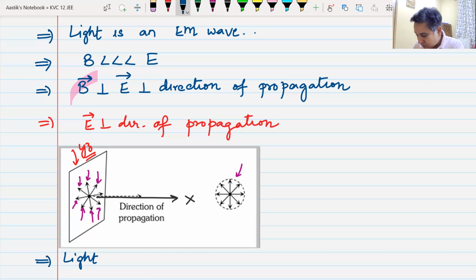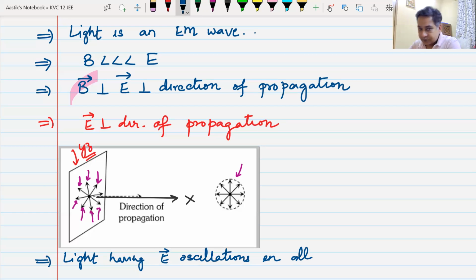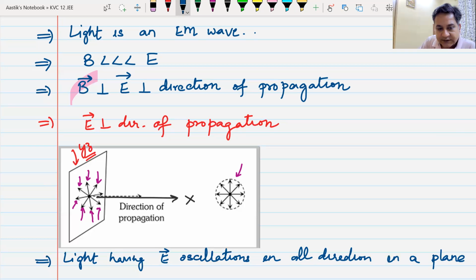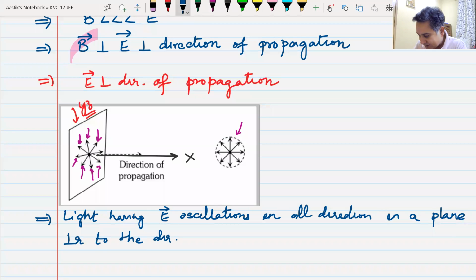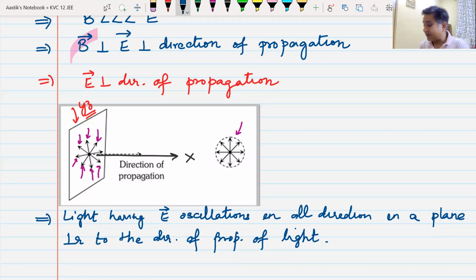Light having electric field oscillations in all directions in a plane perpendicular to the direction of propagation of light.